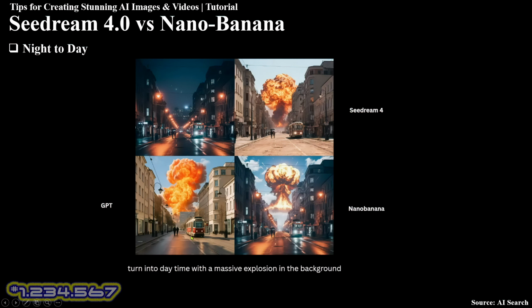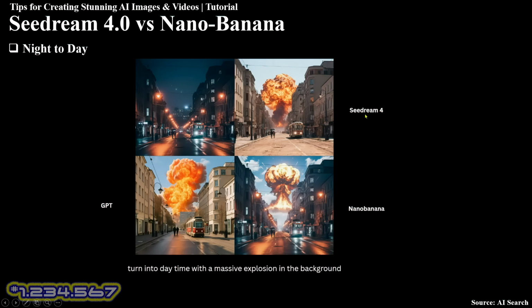GPT is again changing the birds, so we may ignore this. And Nano-Banana now changes to the daytime, good. But somehow it doesn't turn off the lights here, and the explosion also does not look very good. So Seedream is still winning in this test.